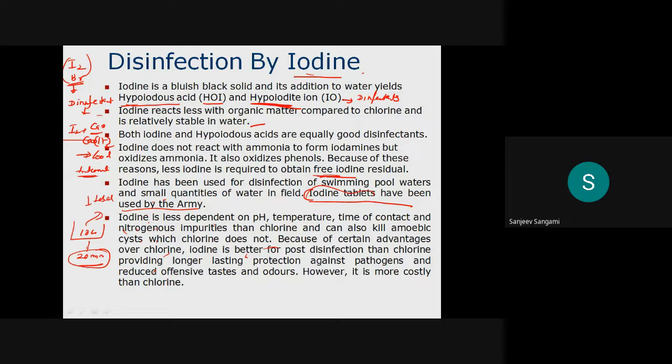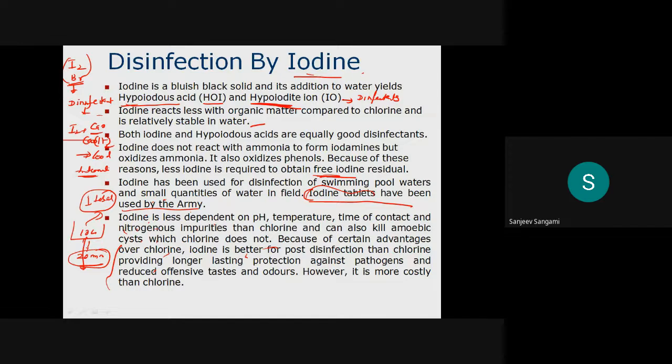The very important thing is that the iodine dose has to be optimized before adding, because even if you add more iodine tablets to the water, most of the time it is going to kill the stomach bacteria also. Once some stomach bacteria are killed, then normally a health upset is going to start.